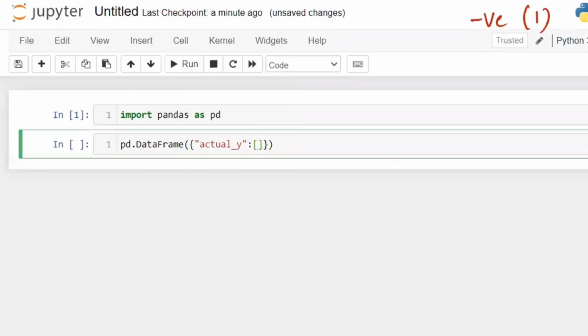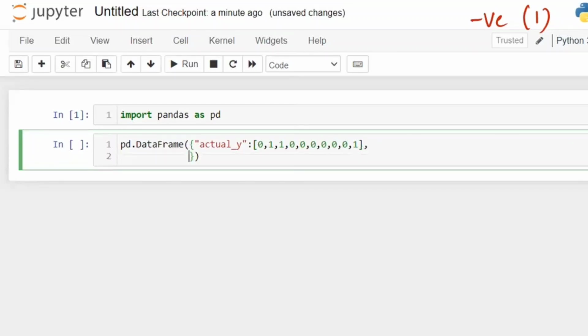So tell me the values like that. 0, 1, 1, 0, 1, 1, 0, 0, 0, 0. The 8th one also 0, the 9th one also 0, and 1. Right? This is the original y.